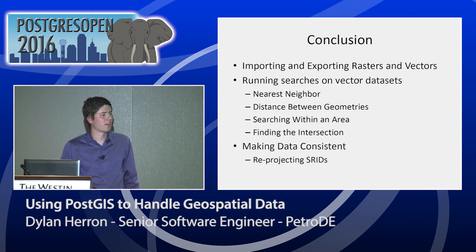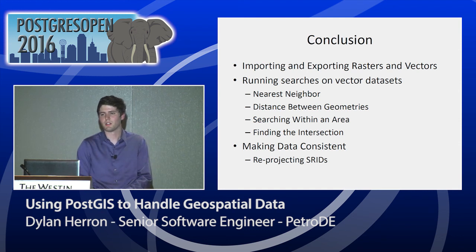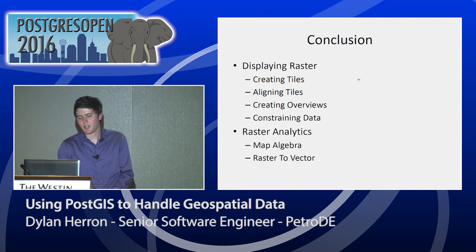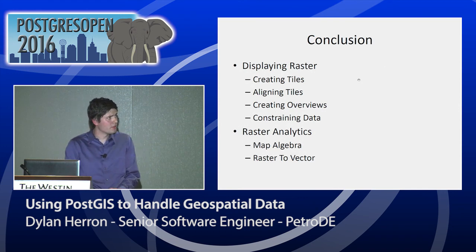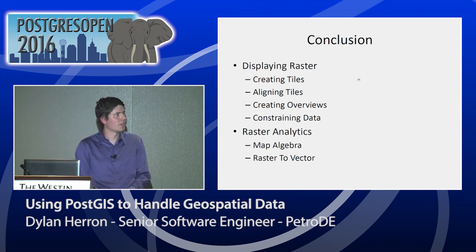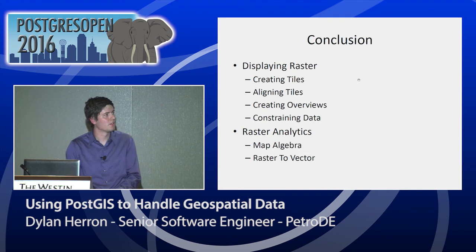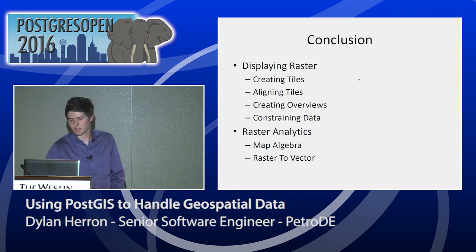We also looked at how to get your data to be consistent using the ST_Transform function to convert between spatial reference identifiers. Once we had our data in the database and working, we exported our data. We got it tile aligned using ST_Overview to help us. And then we did some raster analytics with map algebra and raster to vectors.